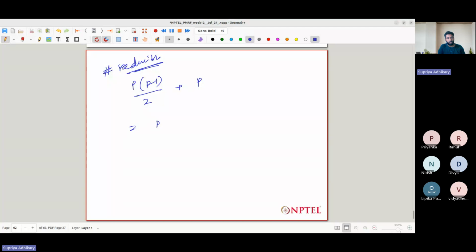And this should be p square over 2 minus p over 2 plus p, so that is p square over 2 plus p over 2. Okay, keep it at this. So this is the number of reducible polynomials.